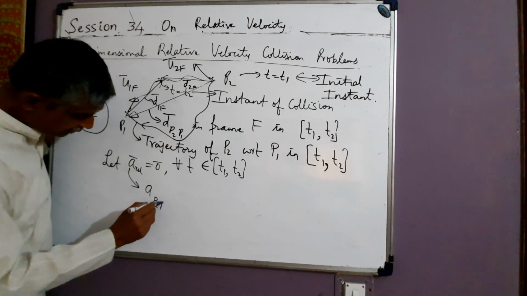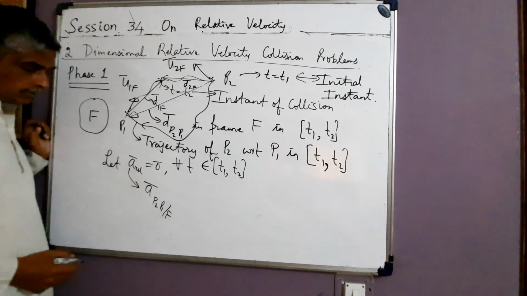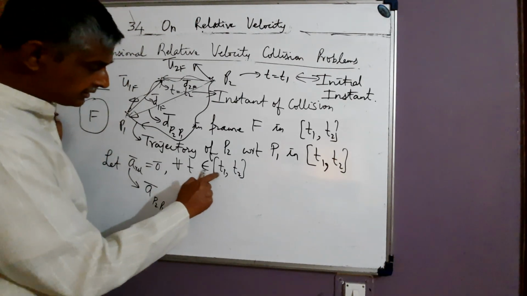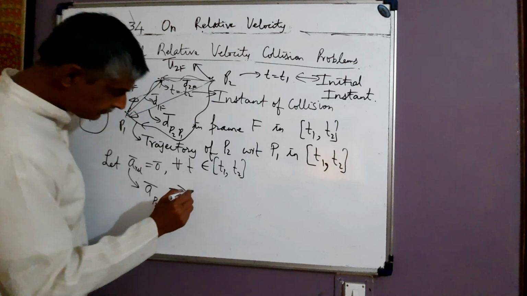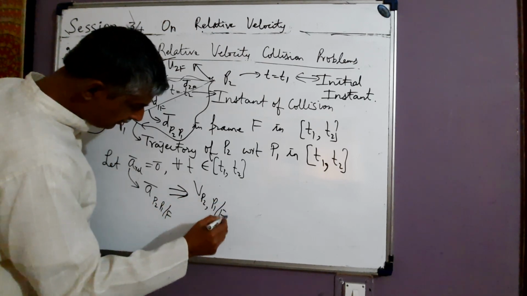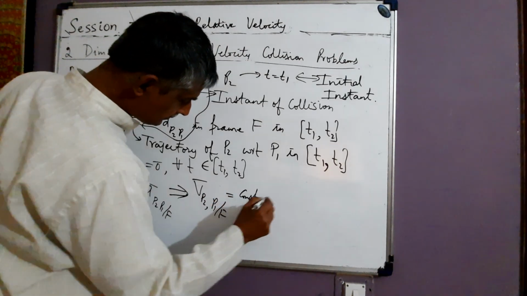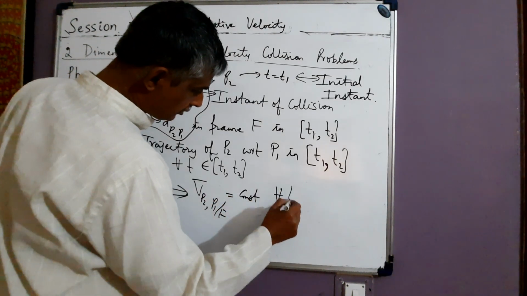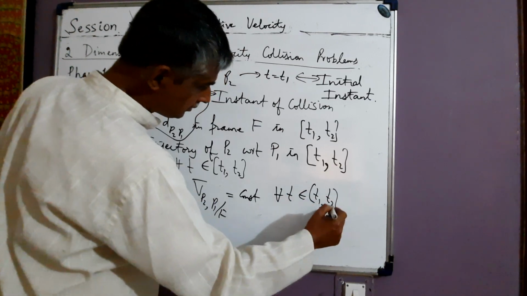Relative acceleration of point P2 with respect to point P1 in frame F. Let this be 0 for all time instant in the time interval T1 to T2. This will imply that the relative velocity between P2 and P1 in frame F will be constant for all t belonging to t1 comma t2.